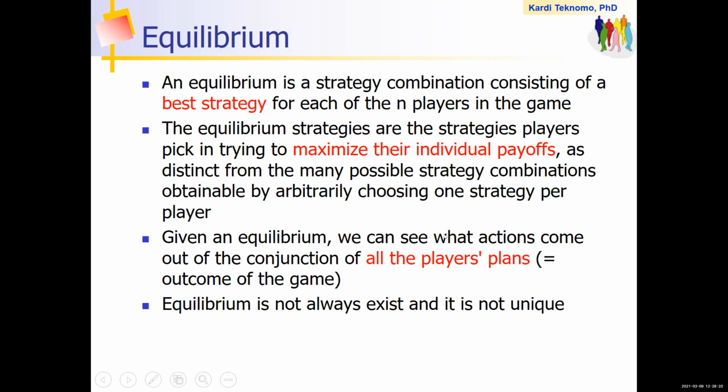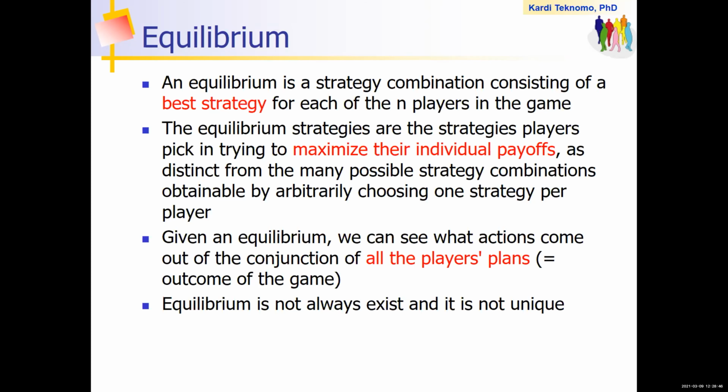And finally, you will see later what is called equilibrium. Equilibrium is a strategic combination. It's the best strategy for each of the players in the game. So remember, equilibrium is the best strategy for each player in the game.